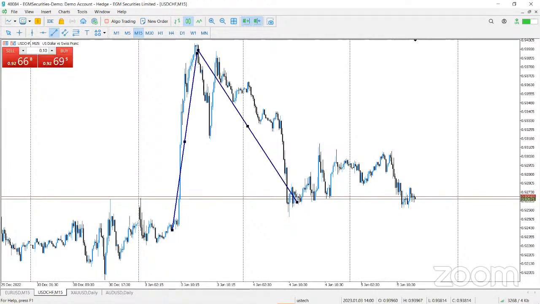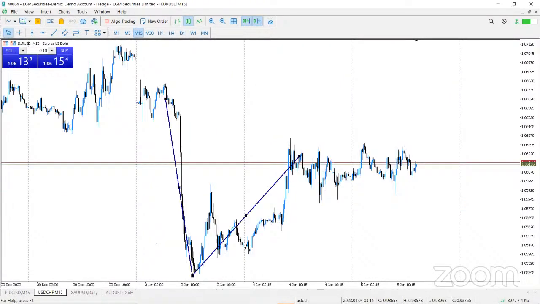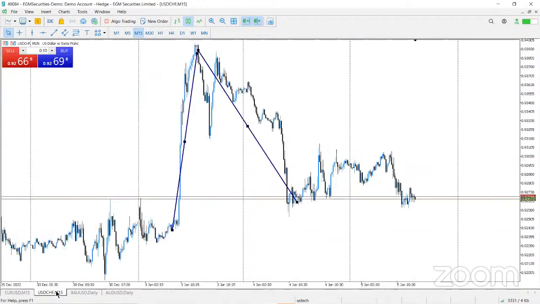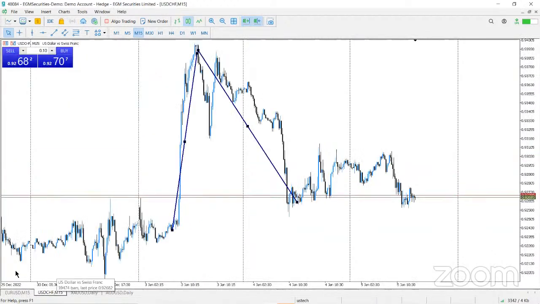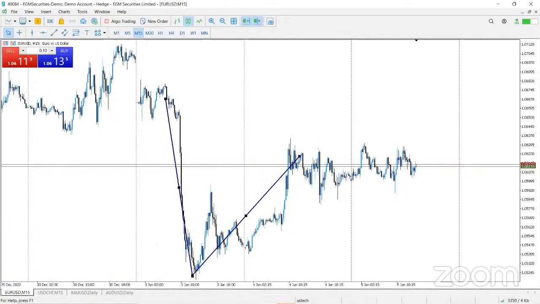So assuming someone came in and bought EUR/USD, and at the same time went and bought USD/CHF. If you look at these charts side by side, one rose, the other one dropped. Why?